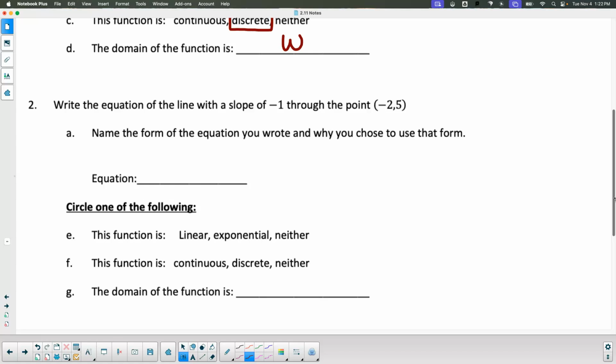So if we have the slope and a point, which form of our equation should we make? We should make the point slope form, right? If you have a point and a slope, it makes sense to use the point slope form. Okay, so give me the point slope form of this equation.